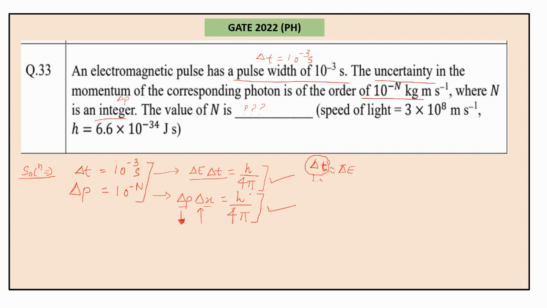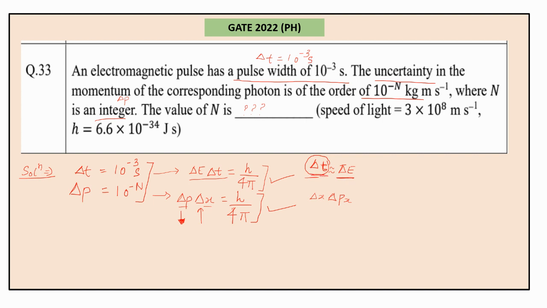So I'll again repeat, delta x and delta p, the famous Heisenberg uncertainty principle for position and momentum. There is one more Heisenberg uncertainty principle for energy and time. So it says for a time interval delta t, it is not possible to precisely measure the energy of a state. If you want to precisely measure the energy of a state, you need to increase the time.